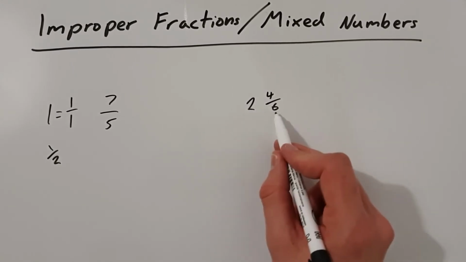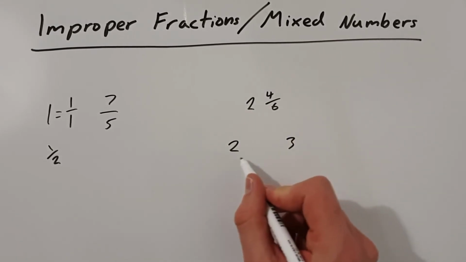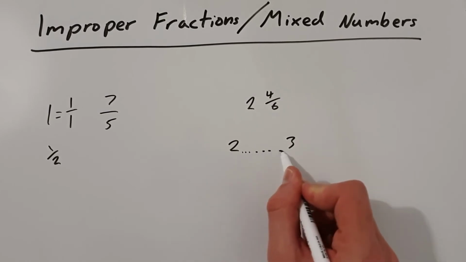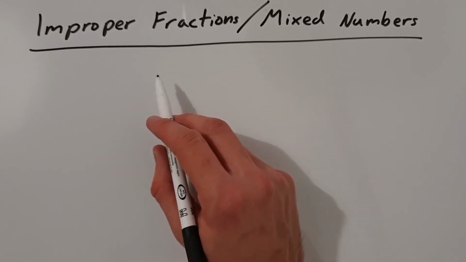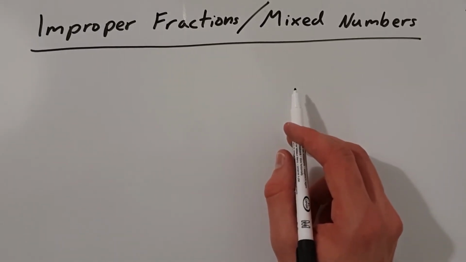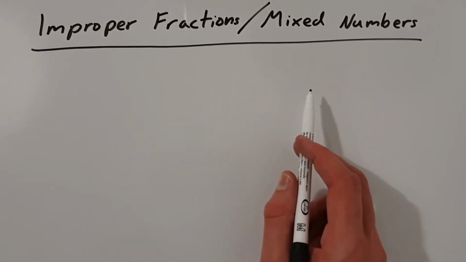So 2 and 4/6 would be somewhere on the number line between 2 and 3. The main skill that you need to learn with improper fractions and mixed numbers is how you convert between the two. That's exactly what I'm going to show you right now in this video.